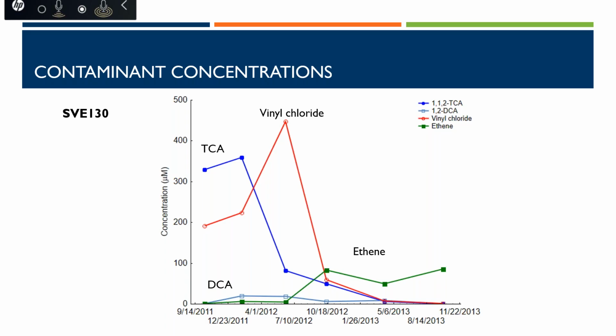Although concentrations of 1,2-DCA may have initially increased slightly due to some hydrolysis of 1,1,2-TCA, ultimately 1,2-DCA was biodegraded, producing ethene. I didn't show it here, but monotonic declines were observed for TCE, 1,1-DCE, and cis-1,2-DCE. Ethene accumulated in the groundwater over the course of bioremediation.